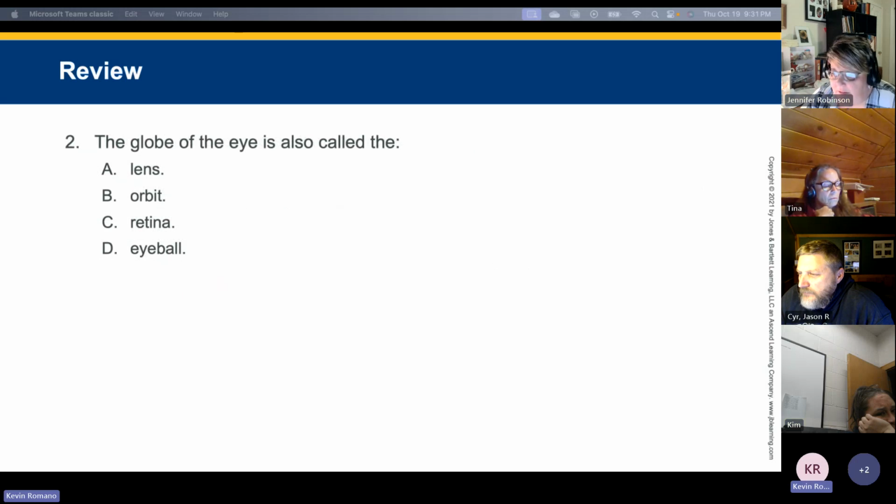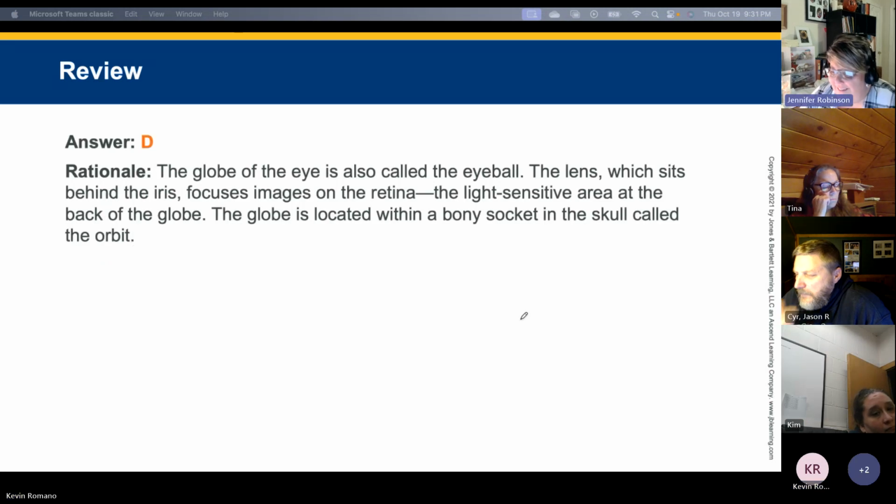The globe of the eye is also called the orbit, or the eyeball. You're right, it's called the eyeball.